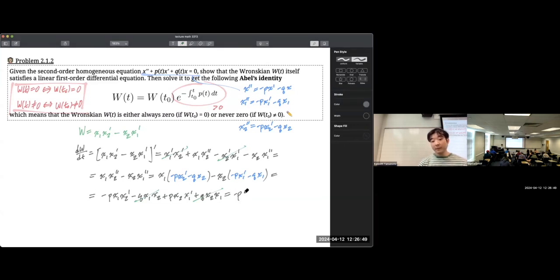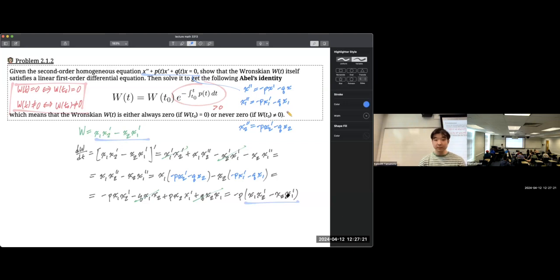Okay, then we're left with negative p, because they both have p's in it, I'm going to factor that out. And then you have x1 times x2 prime, and then minus, factoring out a negative p means that this is going to be a minus x2 x1 prime. Now, just look at this and this.